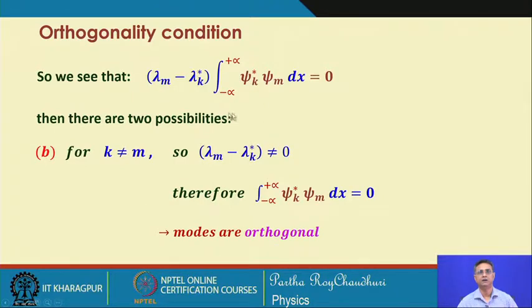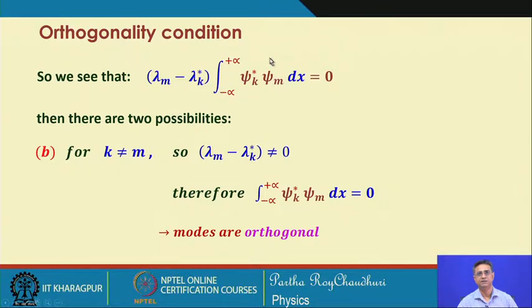So, we have this expression, and if we look at the second possibility, that is k not equal to m, in that case lambda m minus lambda k is not equal to 0, which means the integral must be equal to 0.